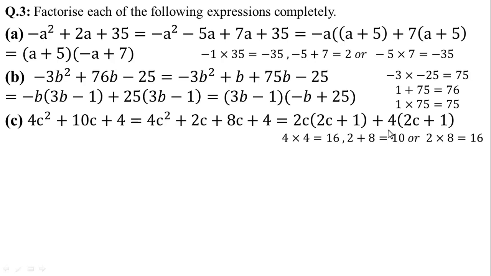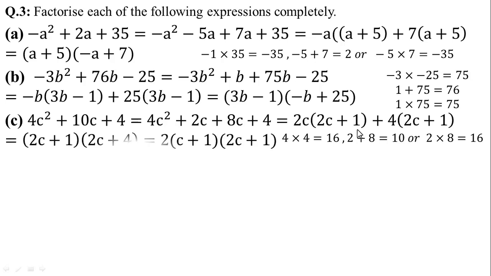Now 2c plus 1 and 2c plus 1 are common in both values. Then we have 2c plus 1 into 2c plus 4. Here 2 is also common in this value. We can write 2 into c plus 1 and 2c plus 1.